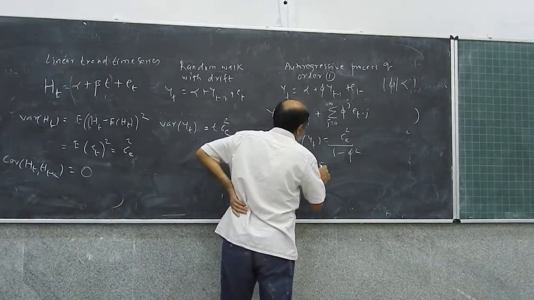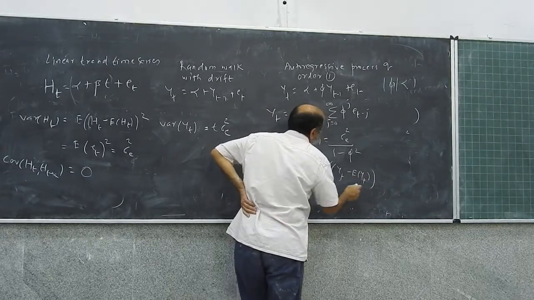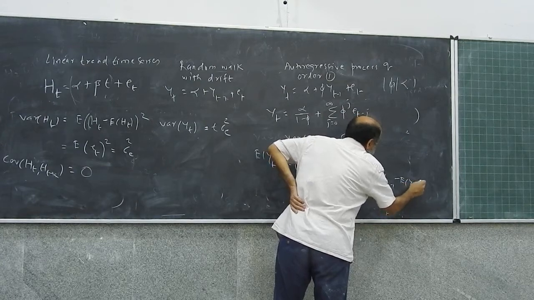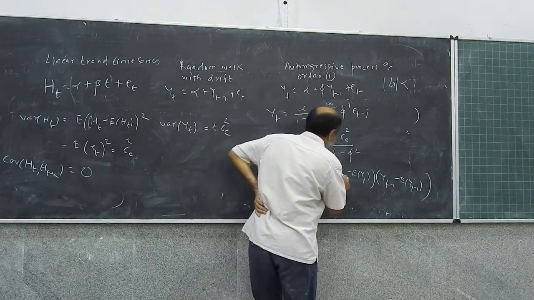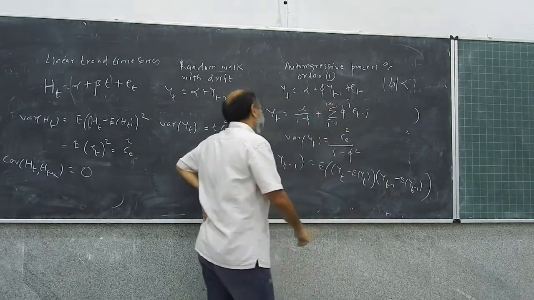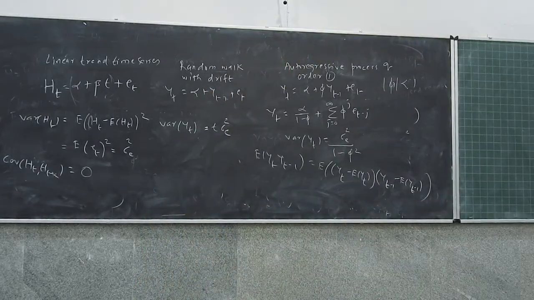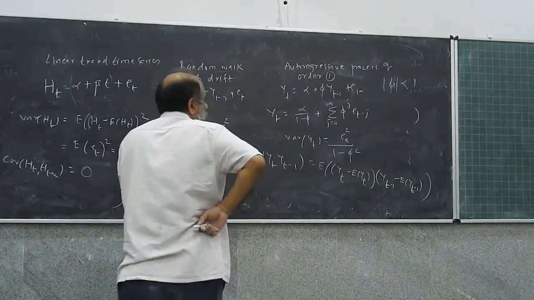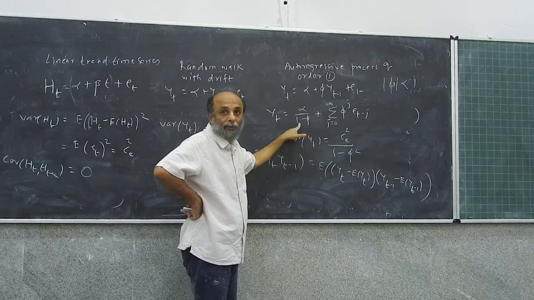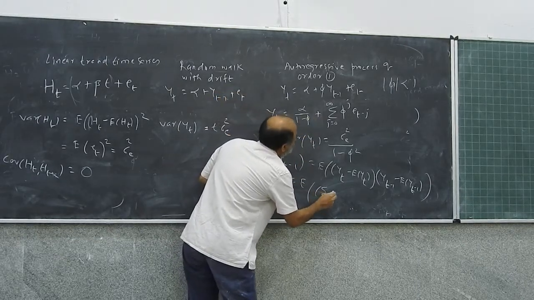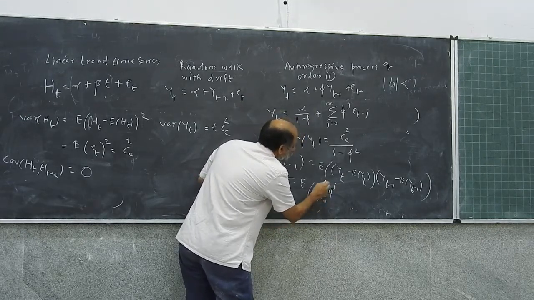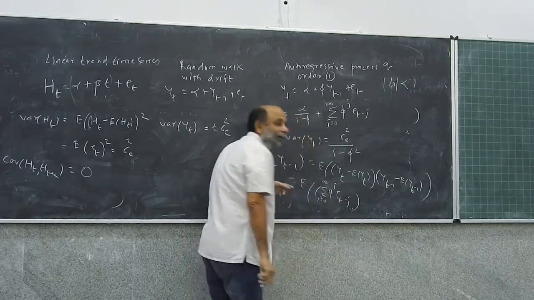That will be expectation of yt minus expectation yt, that is, summation phi raised to j, j goes from 0 to infinity, nt minus j.